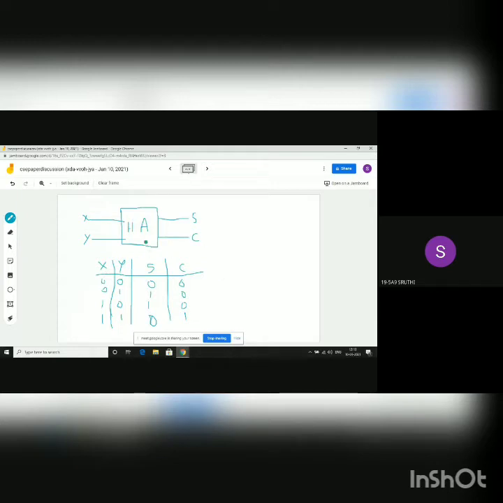Now, for this, we need to design a logic circuit.